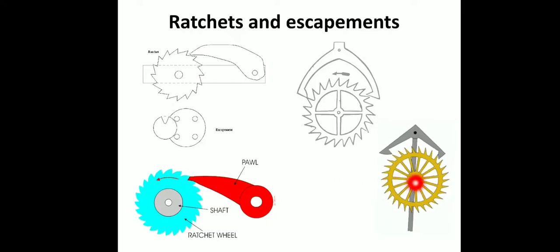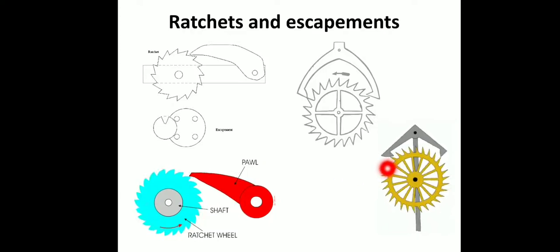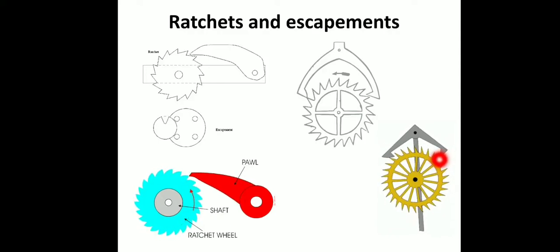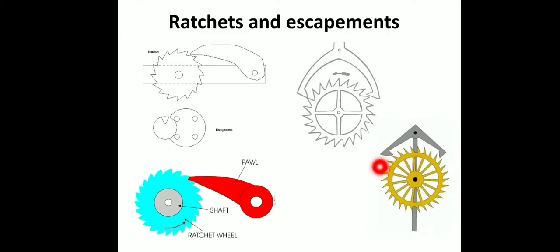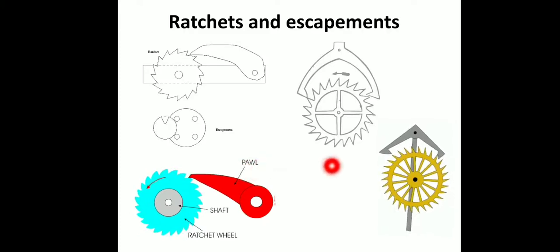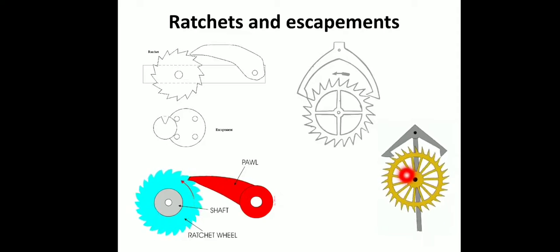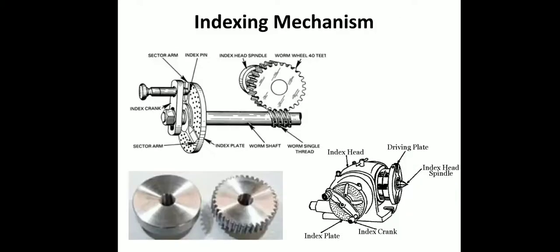You can understand from here. Here the wheel is controlled at one side and allowed at the other side by a pendular motion. These are known as ratchet and escapes. Sometimes we can see similar mechanisms in our clocks and other equipments.